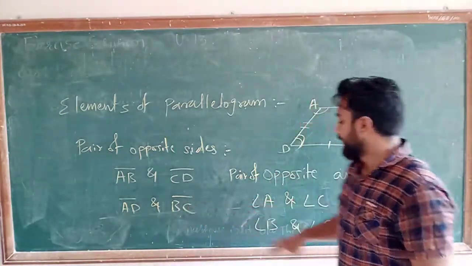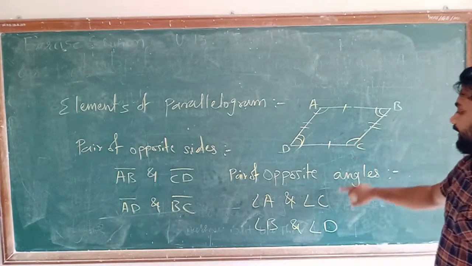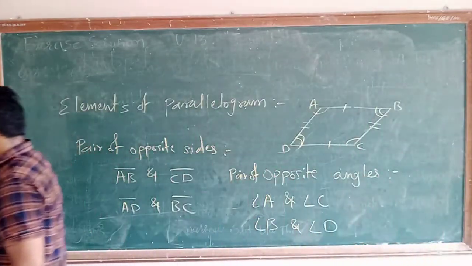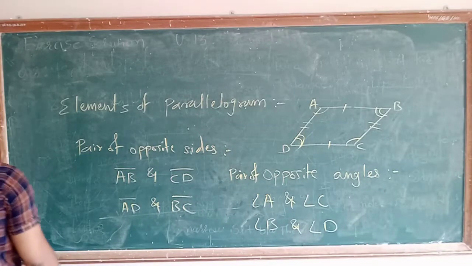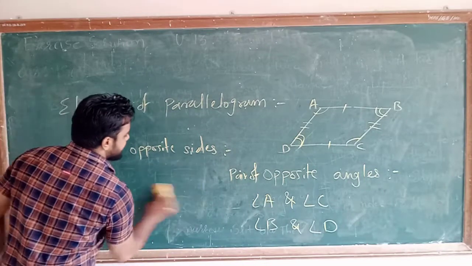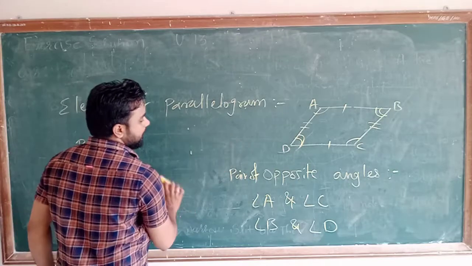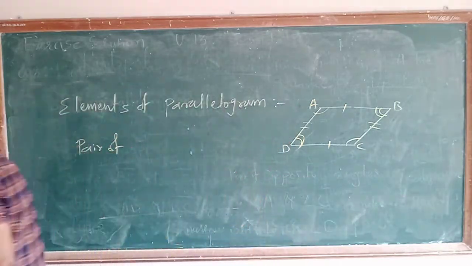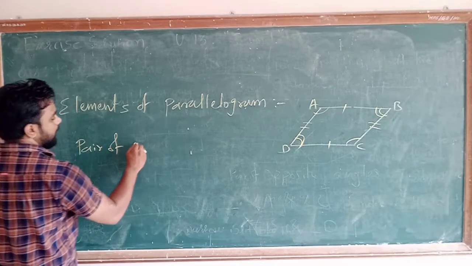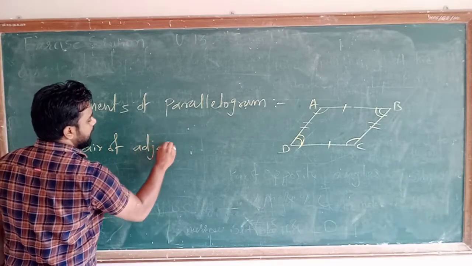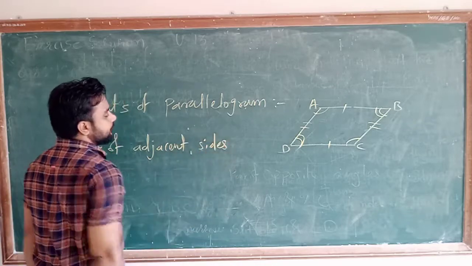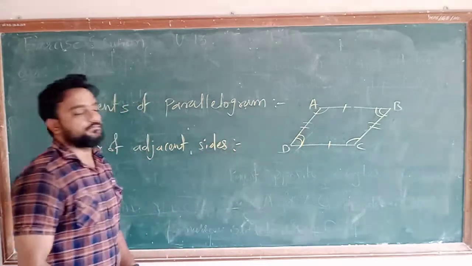And the angles are angle A and angle C and another one is angle B and angle D. Understand or not? Now another thing, the adjacent sides and adjacent angles. Pair of adjacent sides. Okay, that means what?